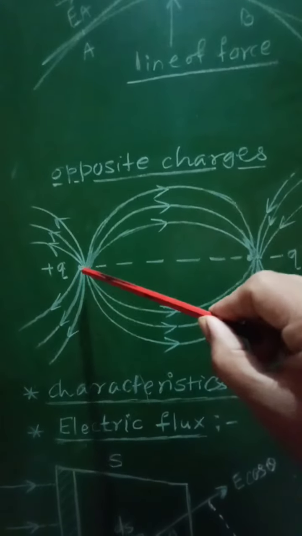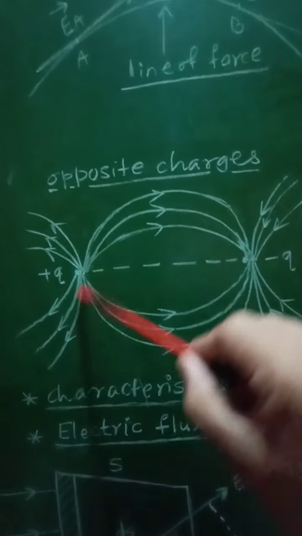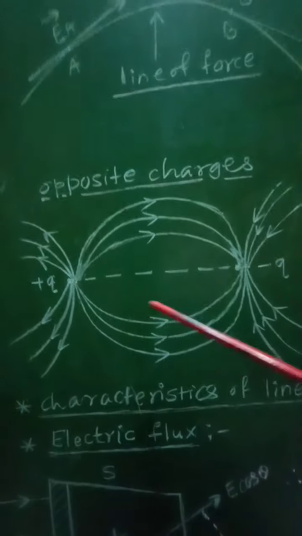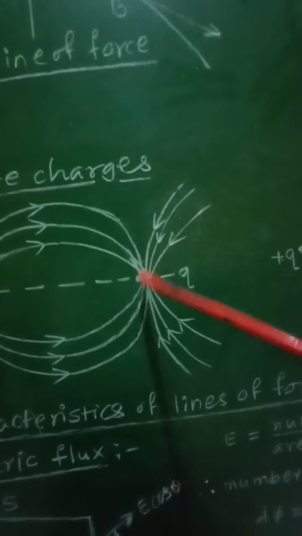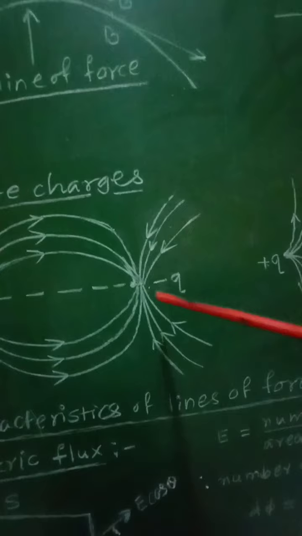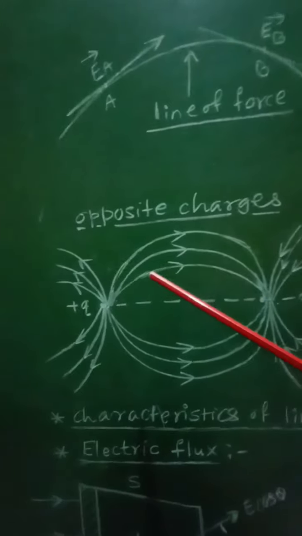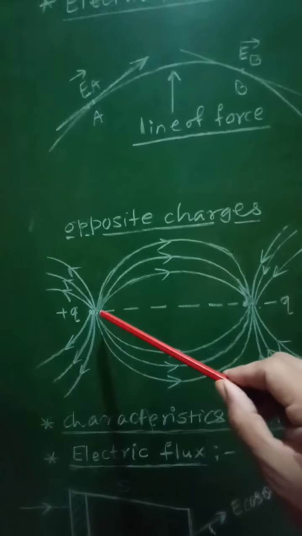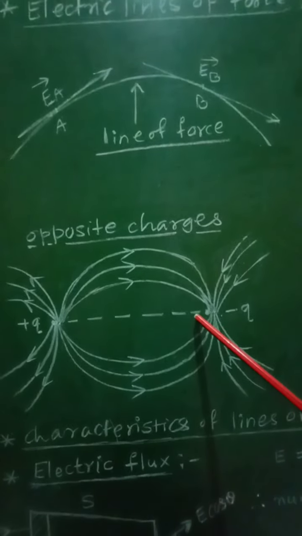From the plus Q charge, the electric lines of force are directed outward, away from the charge, while at the minus Q charge, these lines of force reach that negative charge. Therefore the electric lines of force start from the positive charge and end on the negative charge.